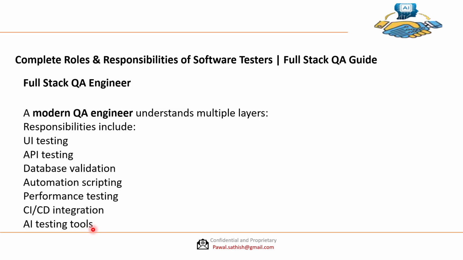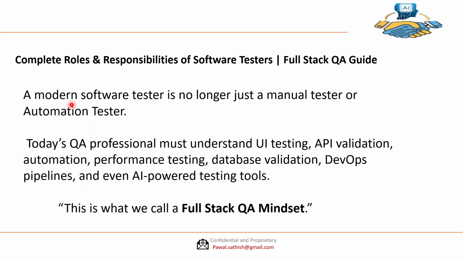A modern software tester is no longer just a manual tester or an automation tester. Today's QA professional must understand UI testing, API validation, automation, performance testing, database validation, DevOps pipeline, and even AI-powered testing tools. This is what we call a full stack QA mindset.